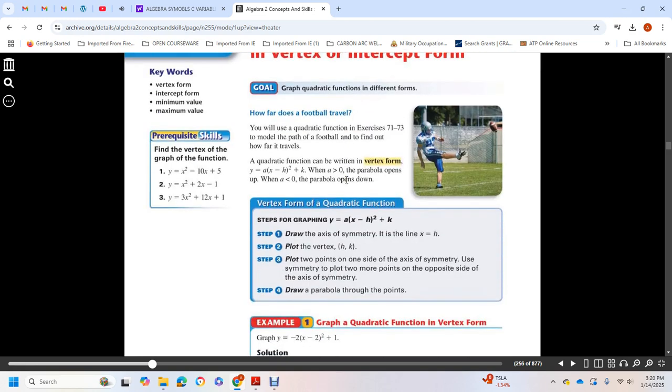The vertex is (h, k). Steps for graphing: draw the axis of symmetry, the line x equals h. Plot the vertex (h, k). Plot two points on one side of the axis of symmetry. Use symmetry to plot two more points on the opposite side. Draw a parabola through the points.